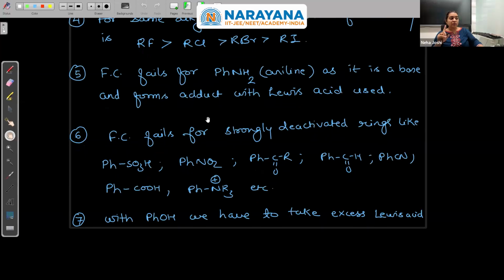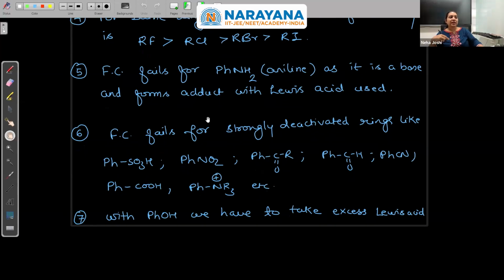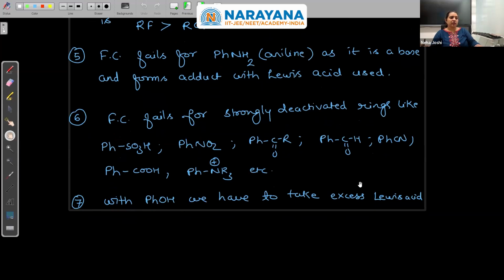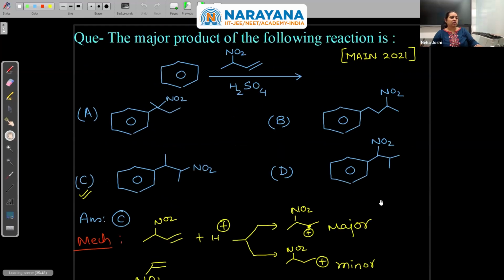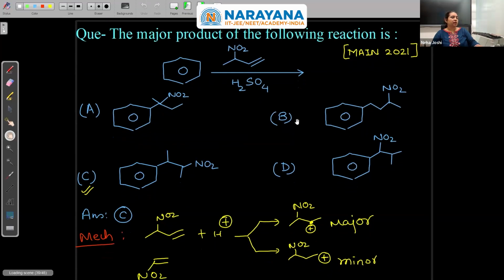But it does not fail for phenol. With phenol, you take excess of AlCl3 and do the reaction. Friedel-Crafts fails for strongly deactivated rings like PhSO3H, PhNO2, PhCOR and all these. With phenol, we have to take excess of Lewis acid and the reaction will take place.